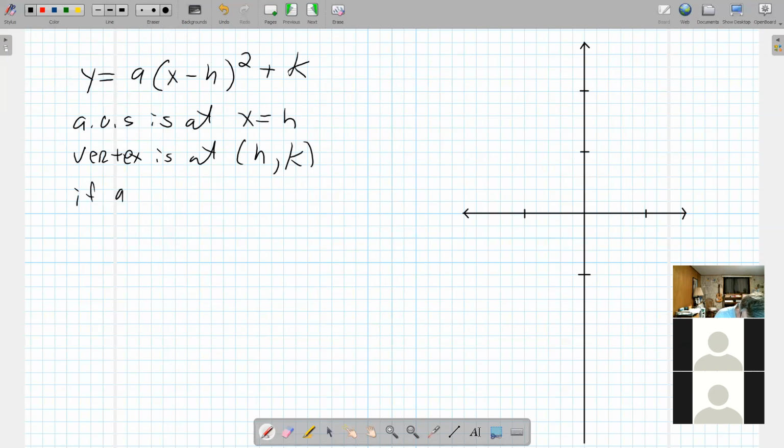If a is greater than 0, the parabola opens upwards, and the vertex is at the bottom, and we say it's a minimum. If the a value is less than 0, the parabola opens downward, and the vertex is a, whoops, too many humps on that camel, is a maximum, okay?